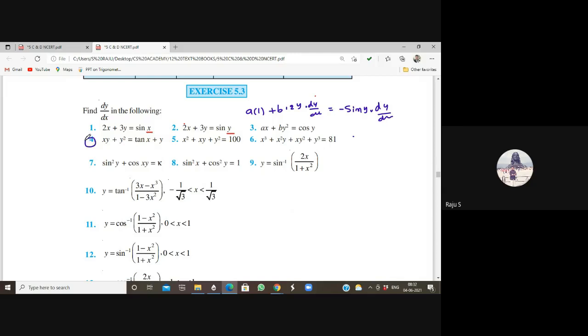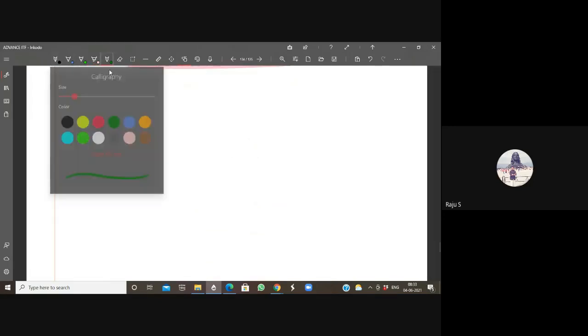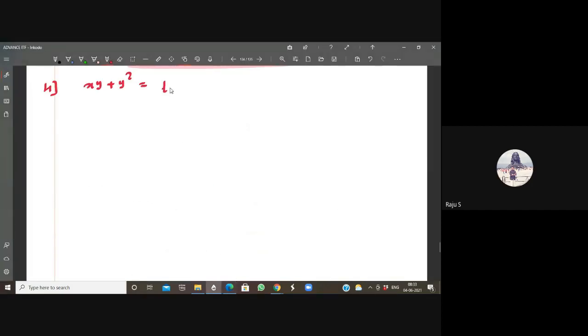But coming to the fourth question, here we cannot differentiate directly. We can apply the UV formula. So I am going to do the fourth question now: xy plus y square is equal to tan x plus y.